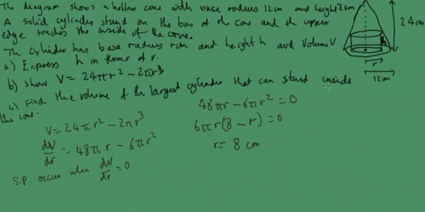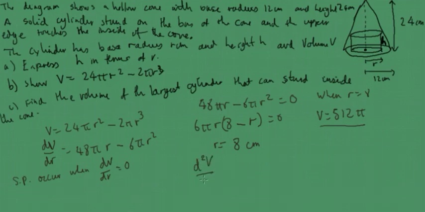So when r equals 8, V is going to be, if you plug that back into our volume and do the maths, we'll get 512 pi is the volume of the cylinder. And we want to determine the nature of this stationary point.